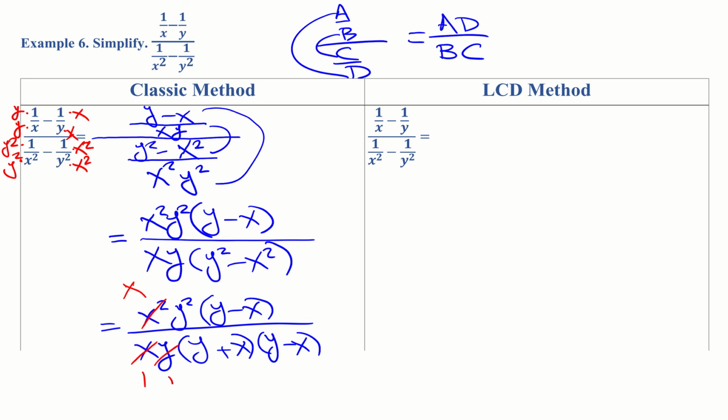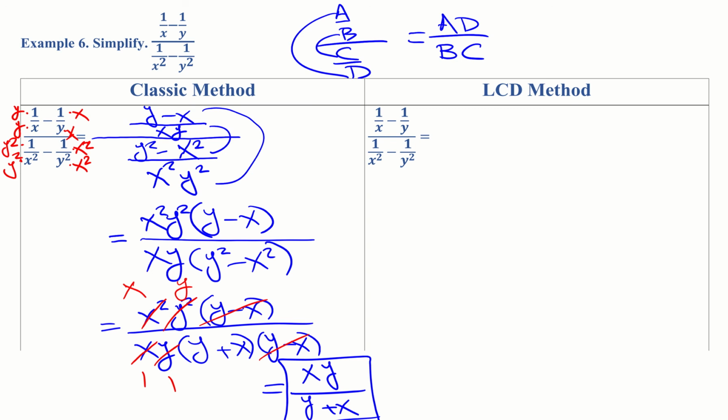Notice that y goes into itself once, and it goes into y squared y times. We can cancel out the y minus x here with the y minus x here. So the final result, the simplified version of that original complex fraction, is xy over y plus x. And there's the answer we obtained using the classic method.